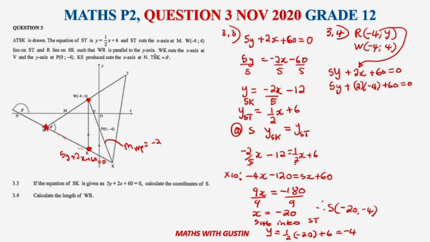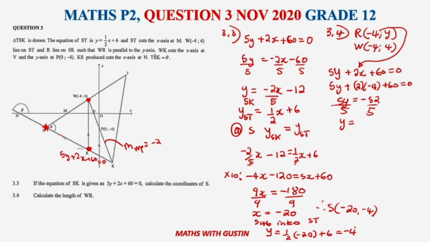All right, so we have got negative 8. 2 times negative 4 is going to be negative 8, plus 60 is going to give us 52. So therefore we are going to have 5y is equal to negative 52, we're taking 52 to the other side, and divide everything by 5, and therefore we should be able to get the coordinate of y.